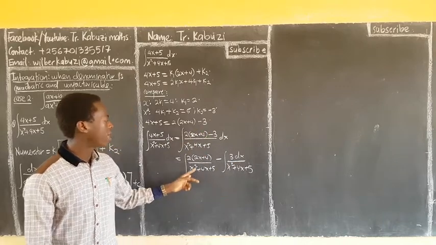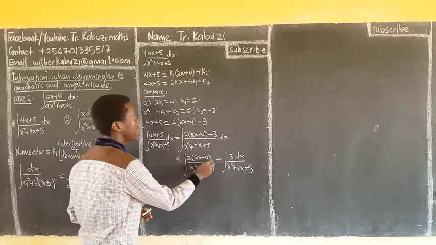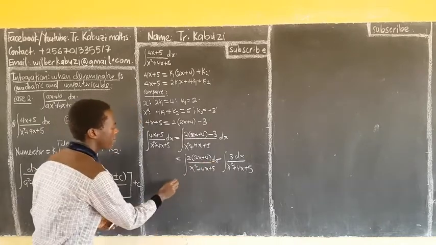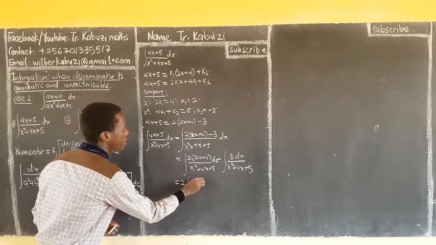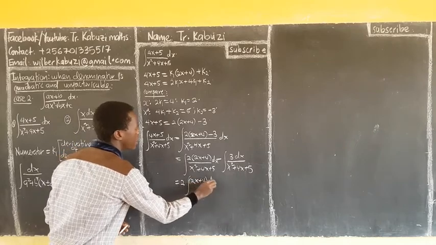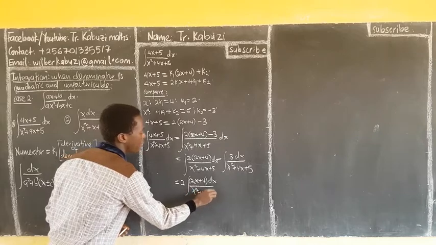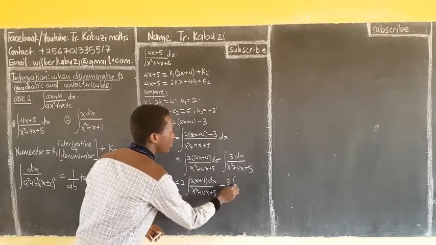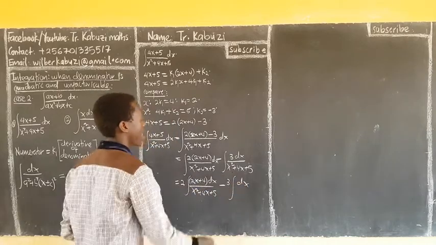This one, the numerator is the function's derivative. When I differentiate this, I get this. So this will be 2 into 2x plus 4 over x squared plus 4x plus 5 dx, then minus 3 into dx over the denominator.